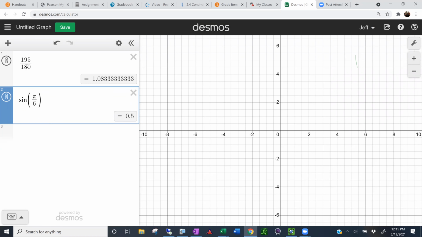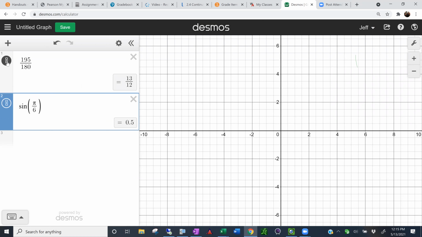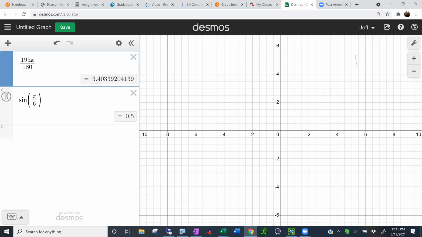If you type in 195 over 180, it's going to give you the decimal value, which looks like this. Okay, but if you want that as a fraction, if you just click this little circle here, it'll turn that into a fraction. I do want to point out that this won't work if I had it in units of pi. It's just going to give me that number and that's it.